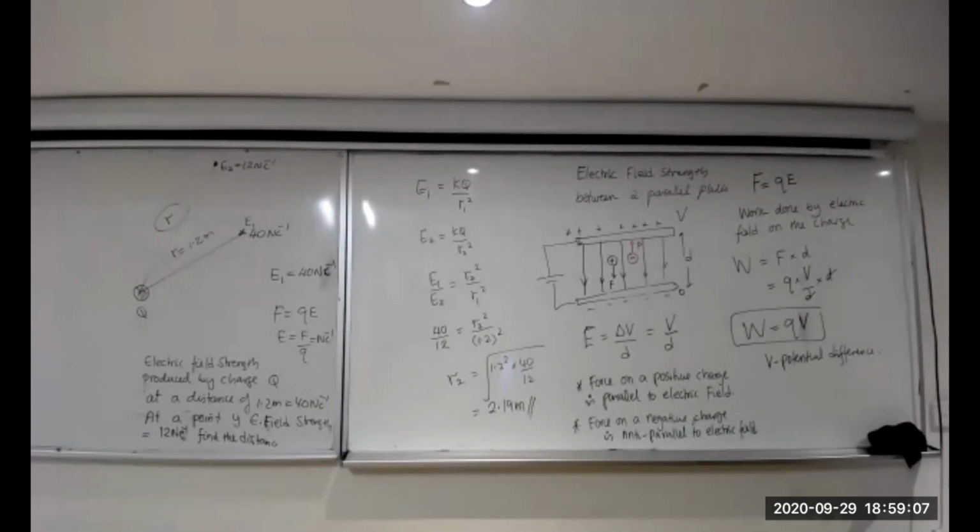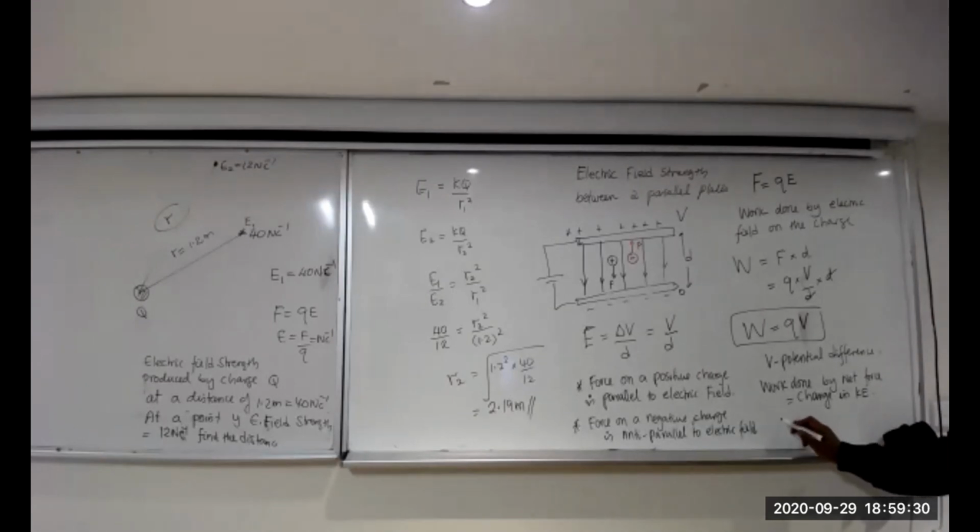That is equal to the change in kinetic energy, the work done by the net force. This is the work energy theorem. So initial kinetic energy, let's assume 0. Therefore, Q times V equals half m v squared, where m is the mass of the charge.